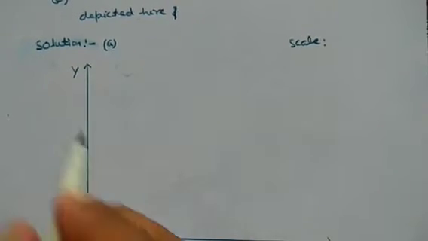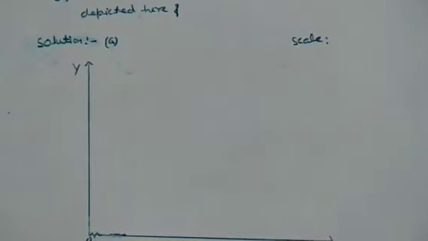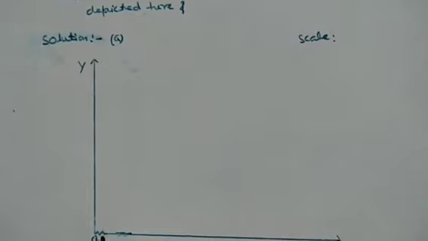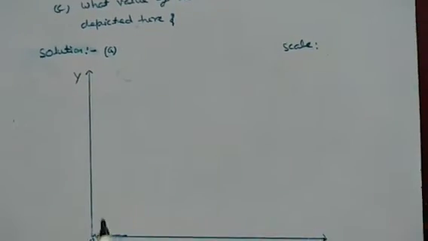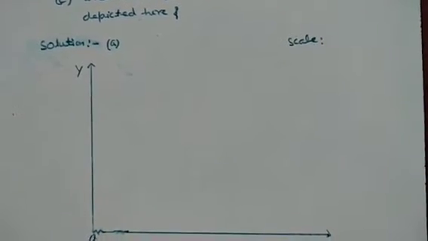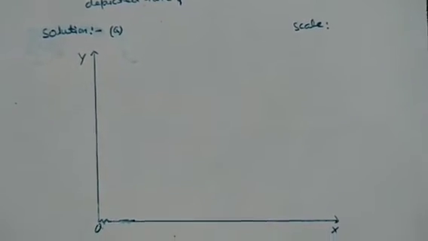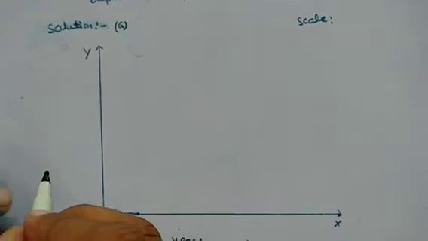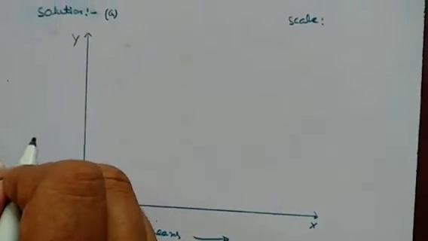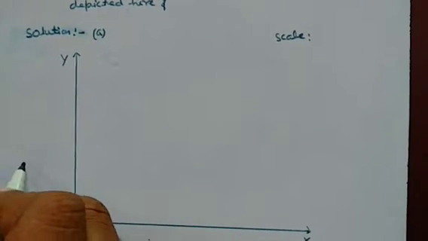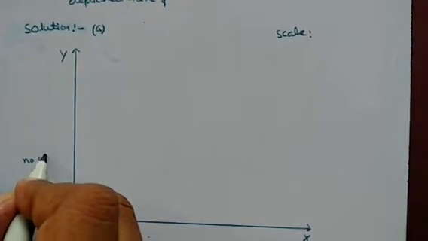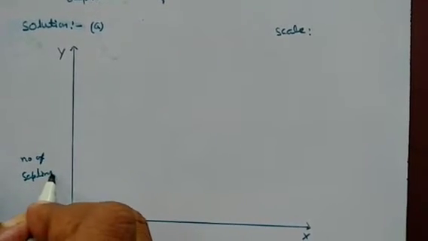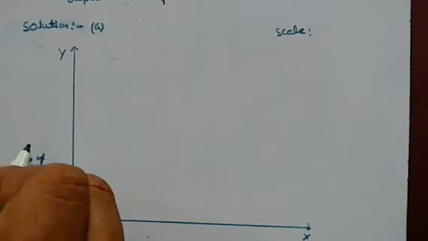XO is the x-axis and YO is the y-axis, as you know. Now we take years on the x-axis, and number of saplings on the y-axis.